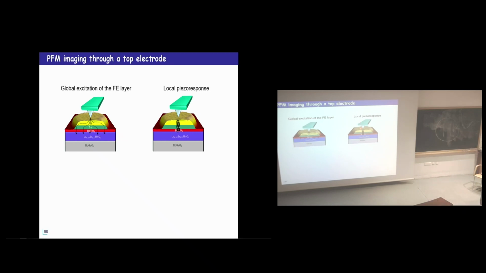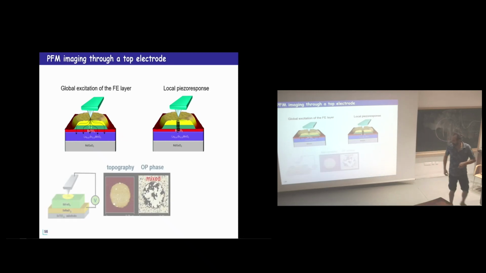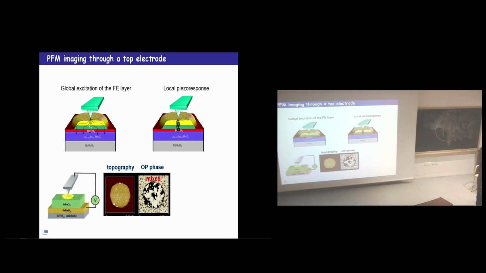But because this is your probe that is probing locally the oscillation, the probe does not care that this oscillates for a down domain. This probe is going to feel, of course it depends on thickness, what oscillates just below it. So it means it is possible, and this is a proof.